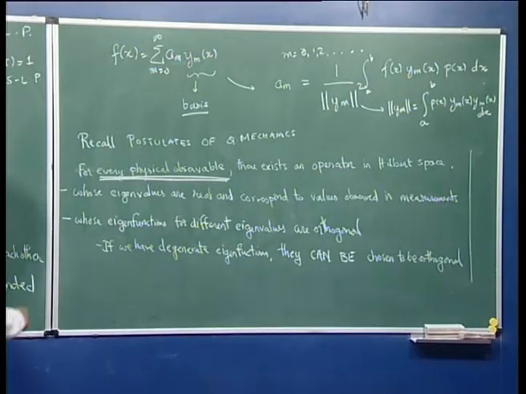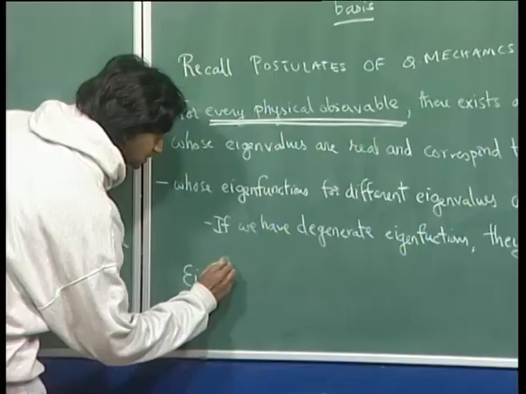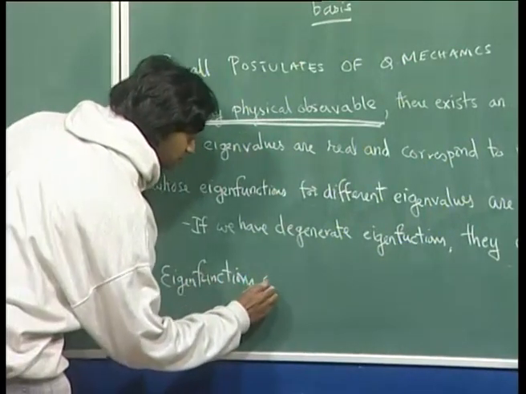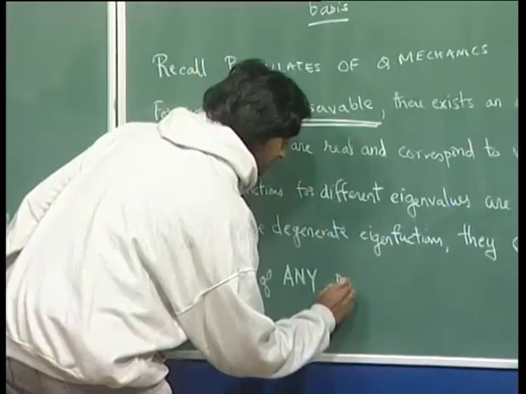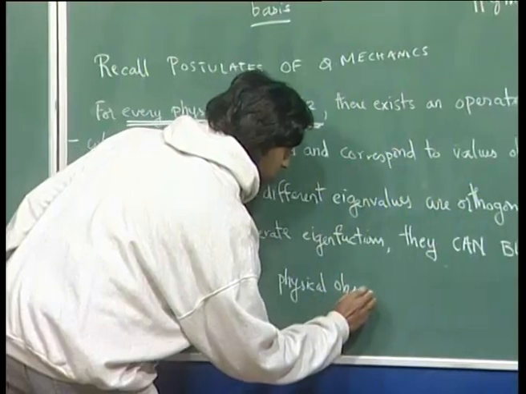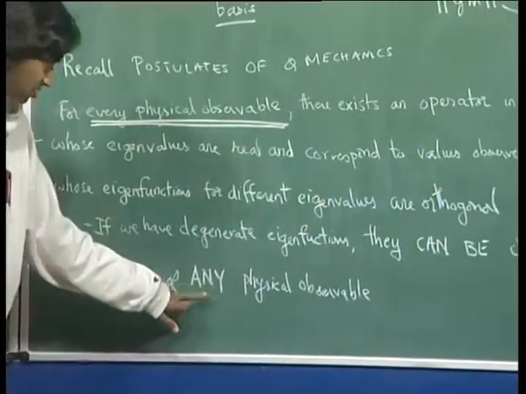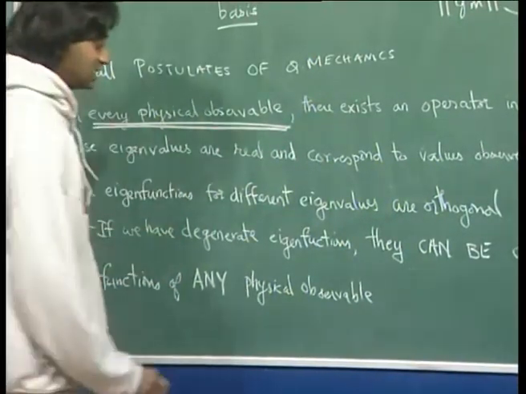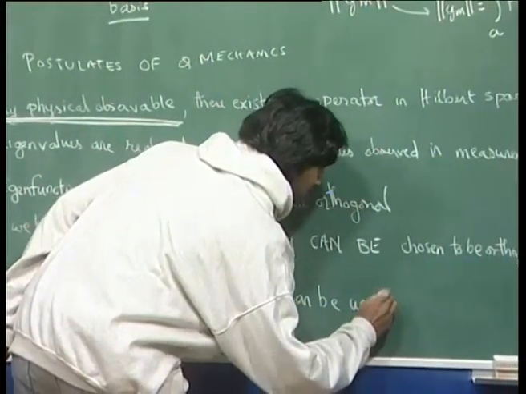That means, in other words, you can say that eigen functions of any physical observable, and when I say any physical observable, I mean eigen functions of operators corresponding to any physical observable, can be used as a basis.